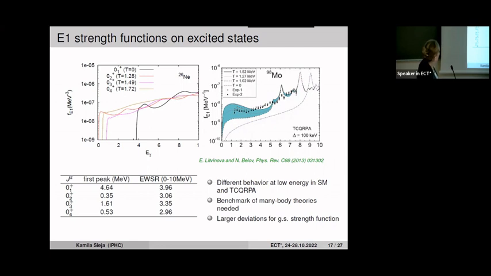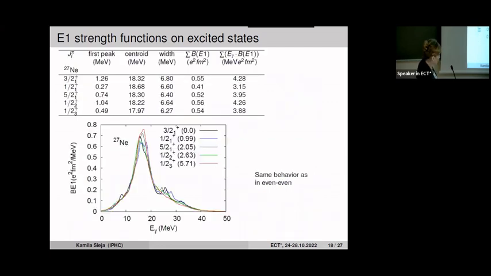Okay, so now just for a comparison, there is neon 27. This is an odd one. A priori in odd-even nuclei, you do not necessarily have these gaps in energy spectra. The states can be closer. And here you see as well that the first peak is much lower. The effects, however, are more or less the same.